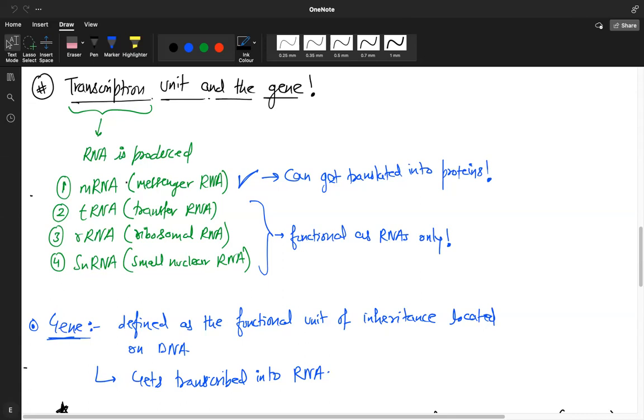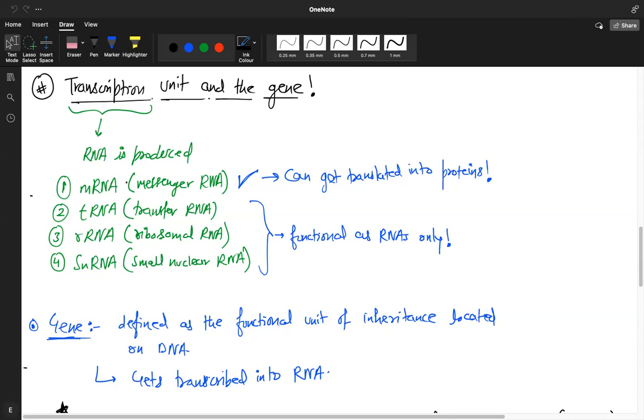Do all these RNAs translate into proteins? No, only mRNA gets translated into proteins. Yes, and the rest three are functional as RNAs itself, correct?